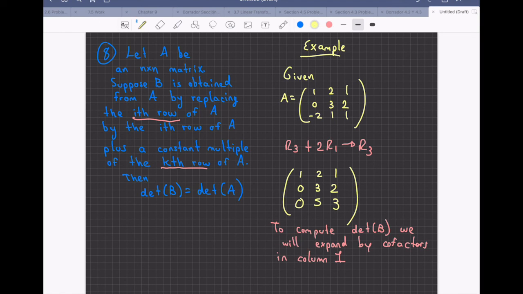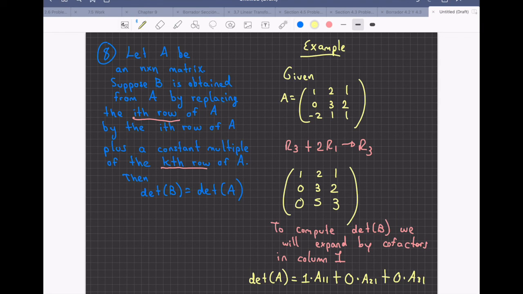So the determinant is going to be 1, this 1 is in the position row 1, column 1, times the cofactor 1,1, plus 0 times the cofactor of row 2, column 1, plus 0 times the cofactor of row 3, column 1.